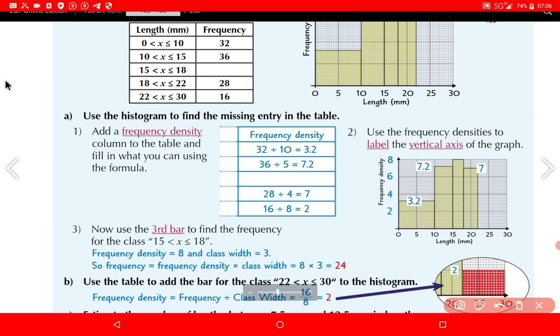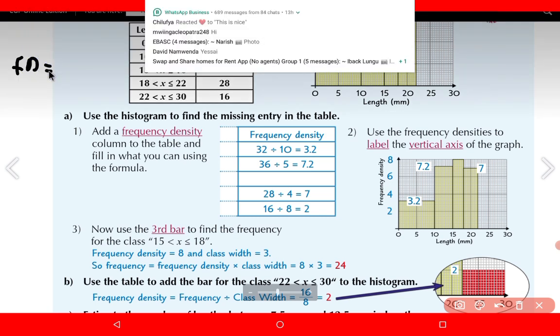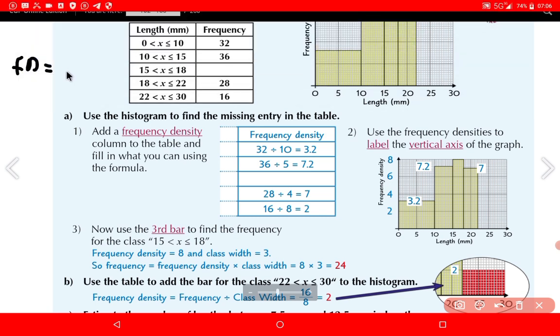That is the frequency density, and for this particular set the frequency is 16, out of how much? 22 to 30, that is 8. So this gives us 2, and remember 2 is actually here, so meaning it's just this long. So you can just do this.